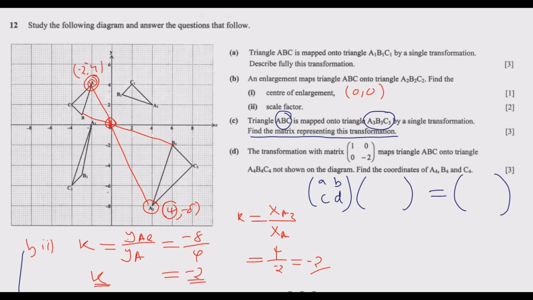So you can pick any two corresponding pairs. So you can say if I pick A, so here I pick A, then here I need to pick A3. Then if I pick here B, then this will be B, then this will be B3, like that. So if you want, you can pick A and C, then that side you are going to get A3 and C3. If you pick B this side and C, then the other side it will be B3 and C3.